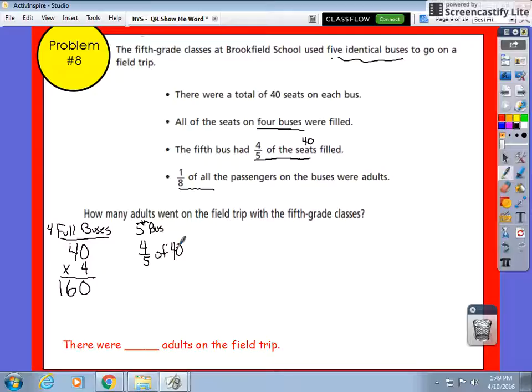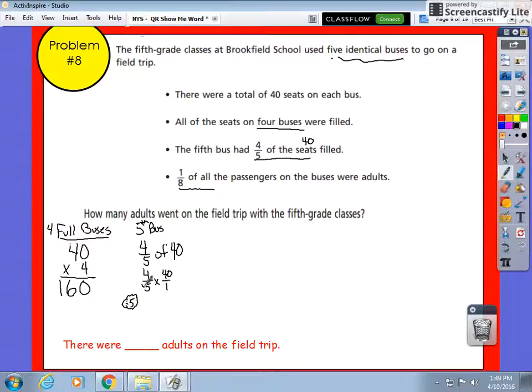So, I know that if I'm going to multiply fractions, I need to have 2 fractions. So, I can ask myself, can I cross divide for this problem? And I can see that I can cross divide with a 5 and the 40. I can think about dividing both of those numbers by 5.